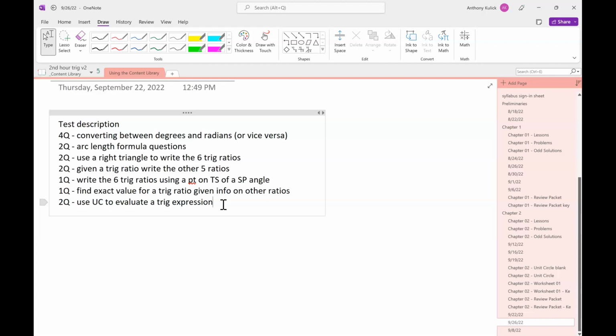I'd certainly want our 3 different definitions for sine, cosine, and tangent. So the SOHCAHTOA definition, the right triangle definition. I'd want the point on the terminal side of a standard position angle definition. And I'd want the unit circle definition so that, depending on the problem, I could use any one of those definitions. You'll need to have all of them.